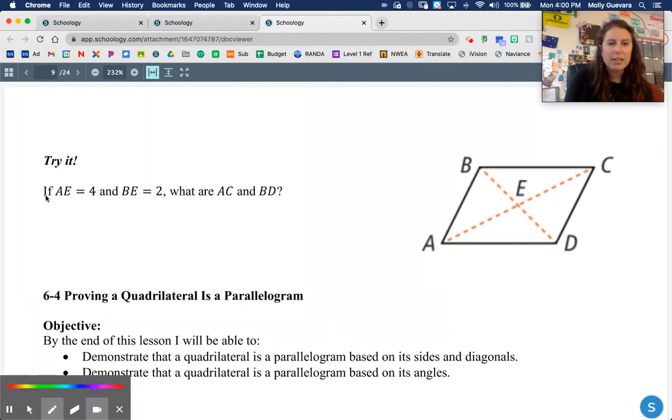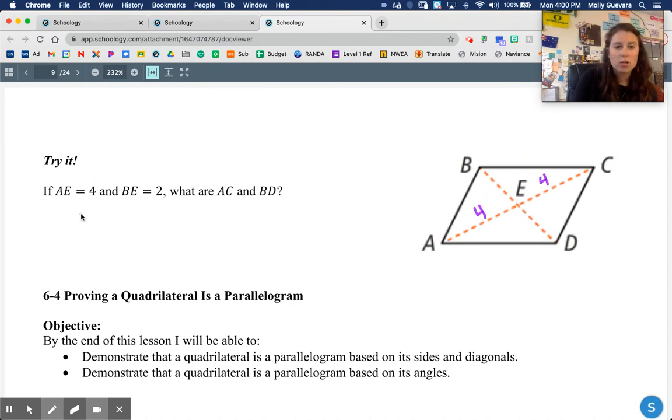Here it says if AE is 4, so I'm just going to label it, and BE is 2. What is AC and what is BD? Let's start with the first one. If A to E is 4, then that means C to E is also 4. So the total distance here should be 8.